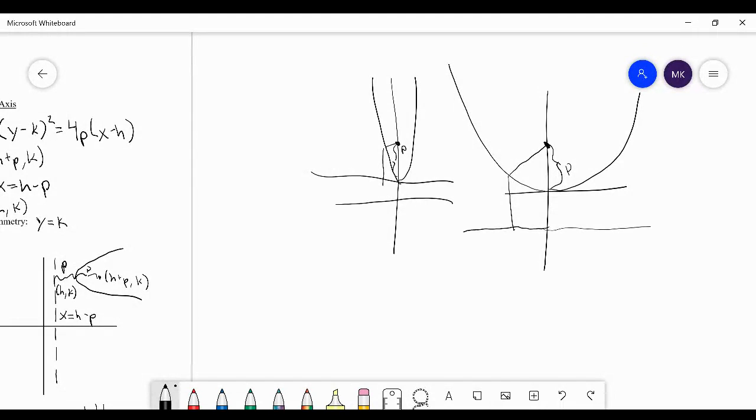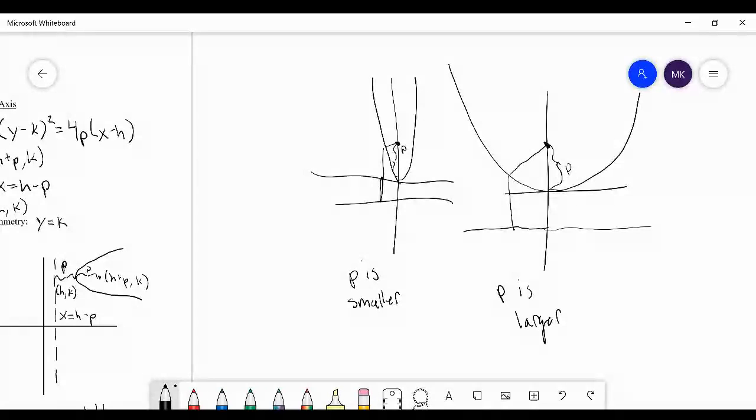Granted, my drawings are not perfectly to scale, but we can clearly see that if these have a roughly equivalent p for the focus, the distance for a narrow one is very small, whereas the distance for this larger one is very big. So that means this p is smaller, this p is larger.